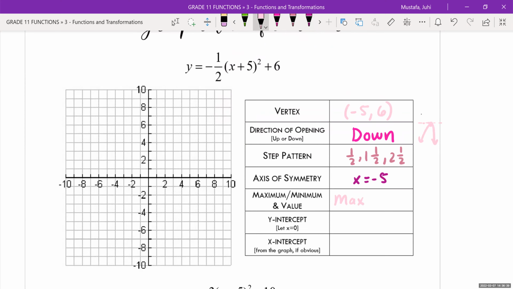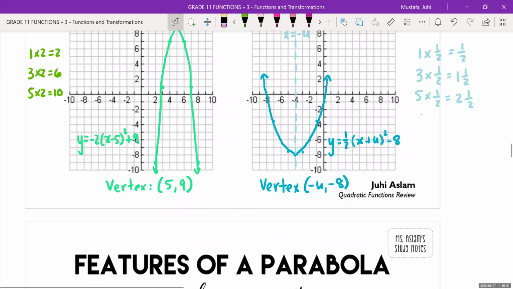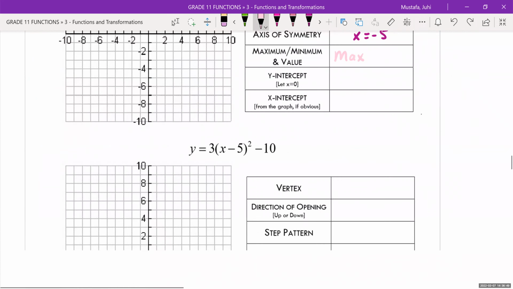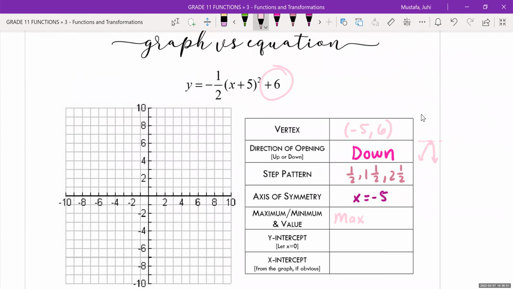To figure out where the value is, you just take this and you go to the side and read off the number on the y-axis. To figure it out without a graph, you just look at this number over here, and it tells you the maximum is going to occur at y is equal to 6. So the highest point of this parabola is going to be y is equal to 6, and then everything will be below it.